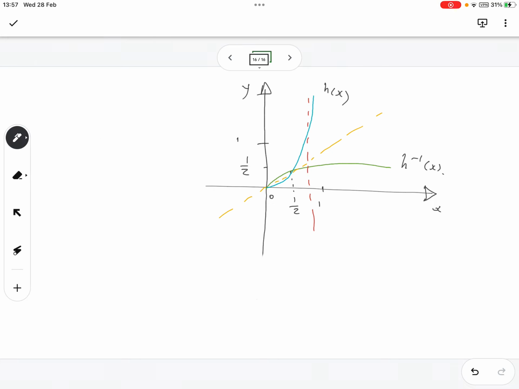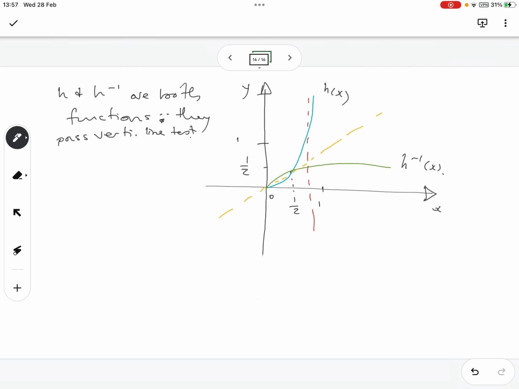So they pass the vertical line test. That's great. They're both functions. So h and h inverse are both functions because they pass the vertical line test.